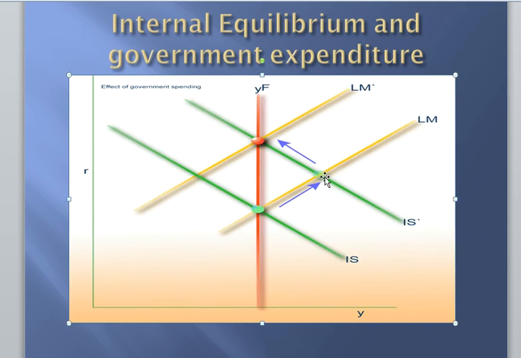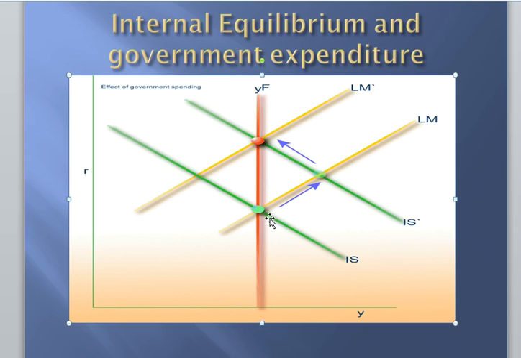That may lead to a backward, or leftward, shifting of the LM curve, and reaches a new equilibrium point, E dash. So an increase in government spending may lead to an increased interest rate, with LM shifted backward.